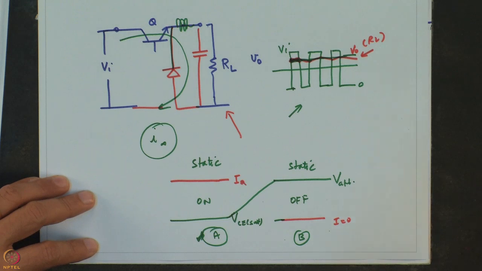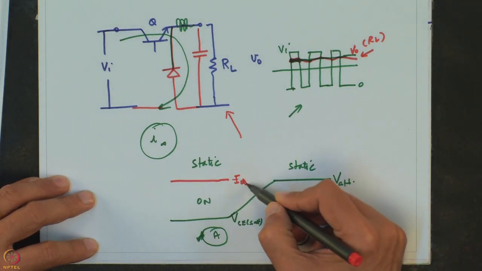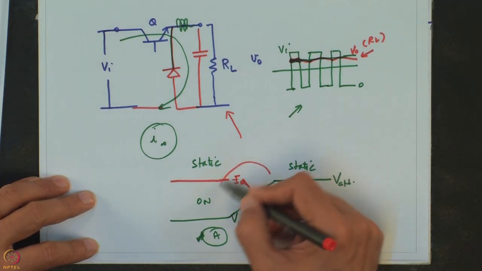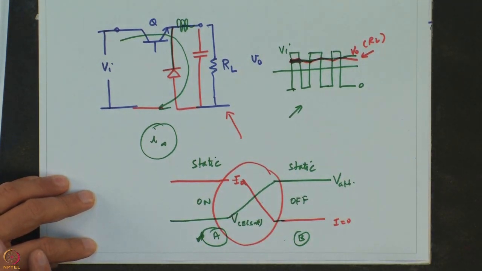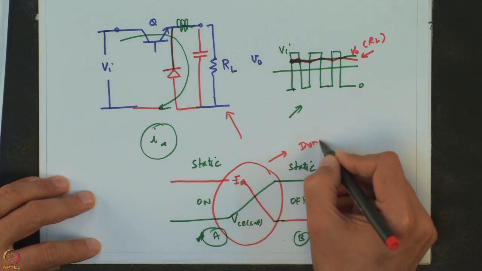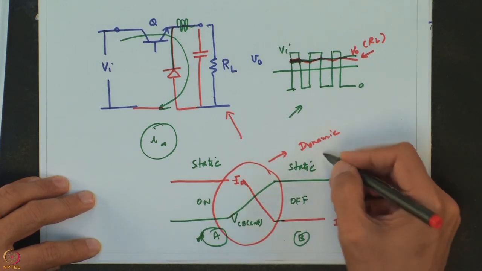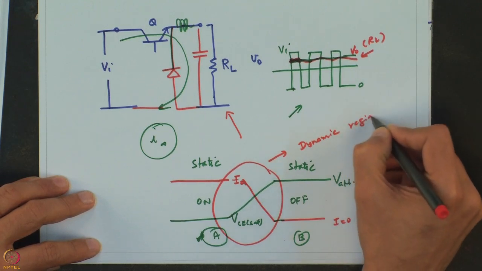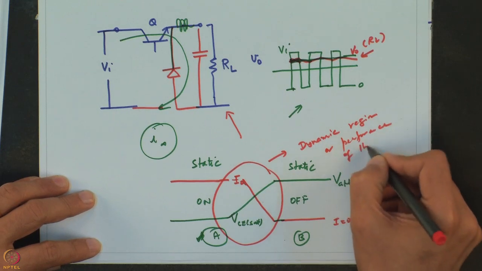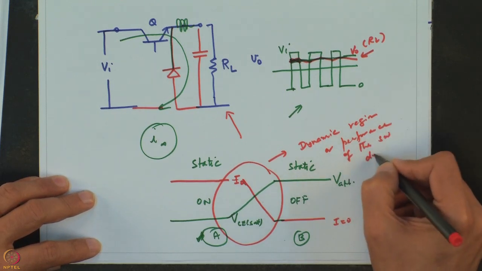And if you see here, there is a transition from full current to negligible current. So, this transition phase that you see between the two static portions of these waveforms is called the dynamic region or dynamic performance of the switching device.